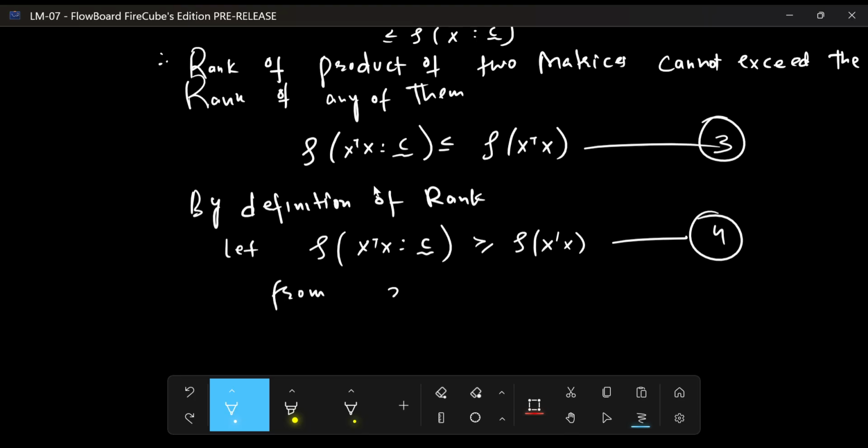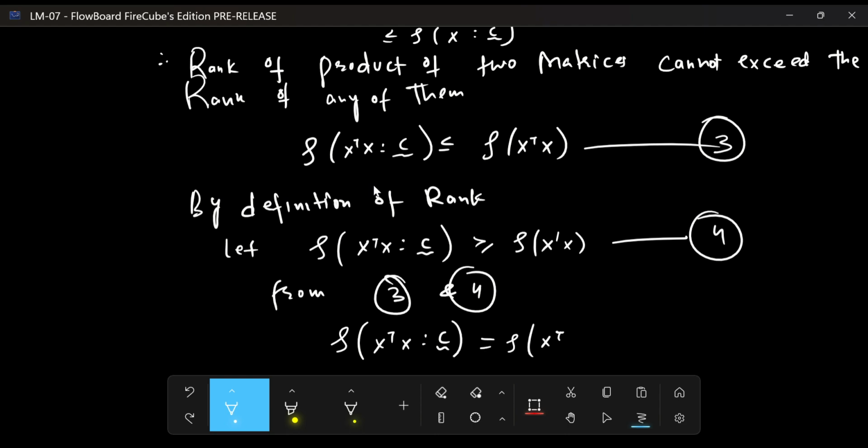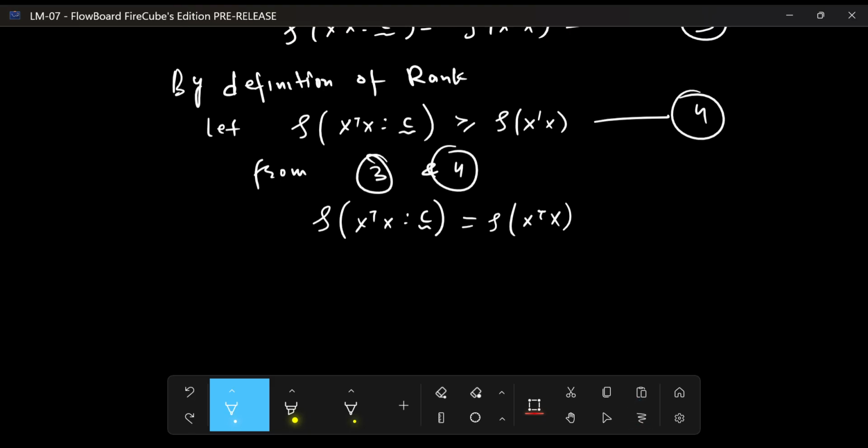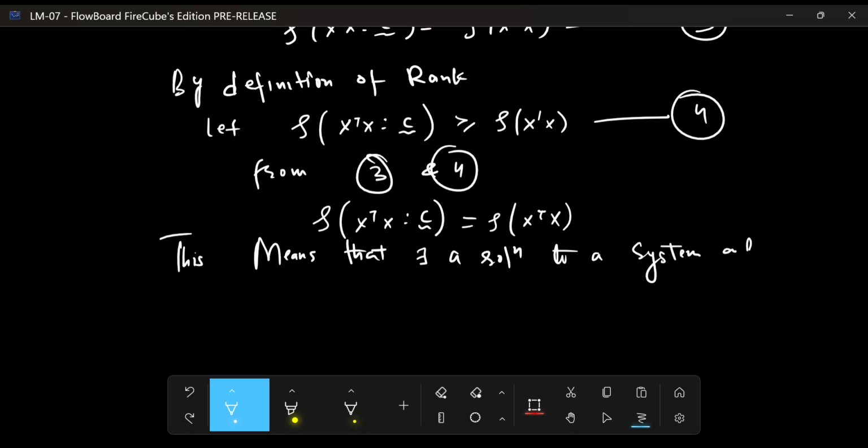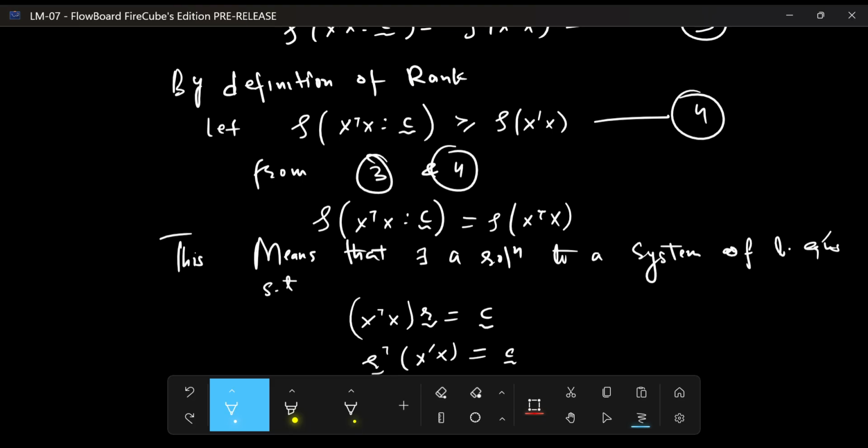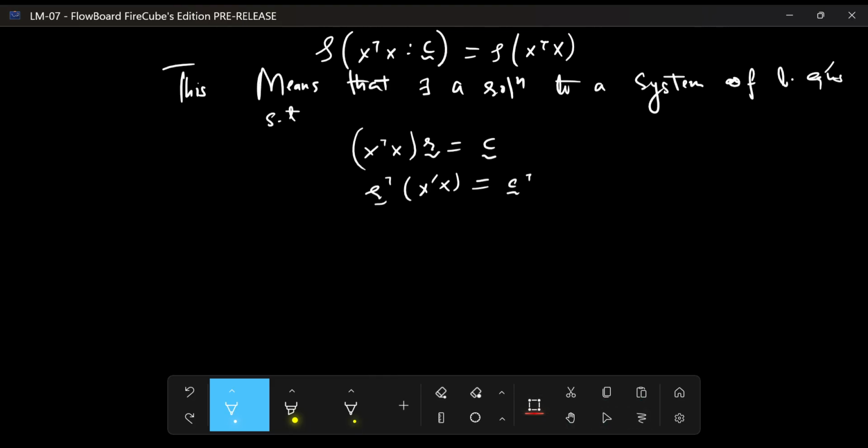Then from 3 and 4, we can write rank of X transpose X augmented C curl is equal to rank of X transpose X. This means that there exists a solution to a system of linear equations such that X transpose X R curl will be equal to C curl and R curl transpose X transpose X is equal to C curl transpose. This was the necessary condition, or necessary part.